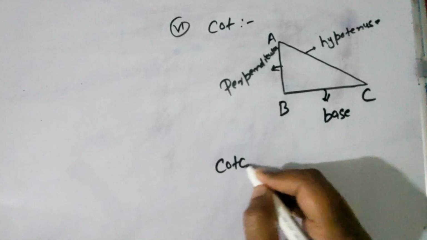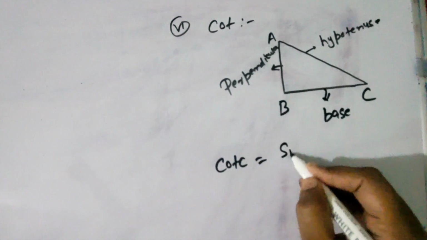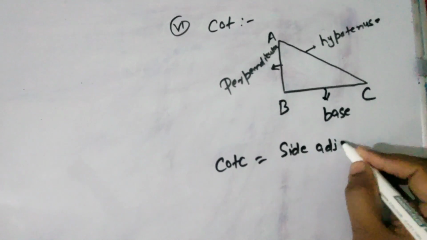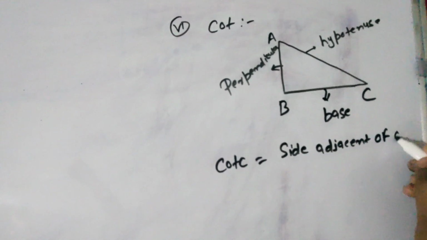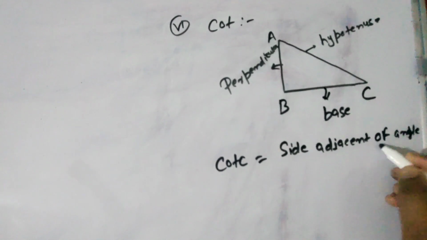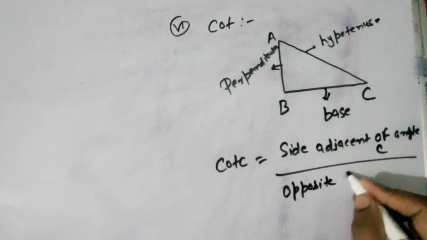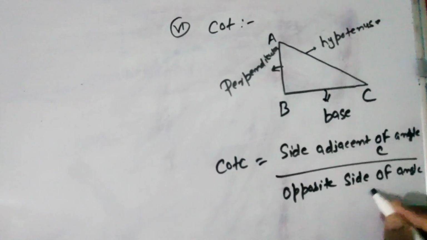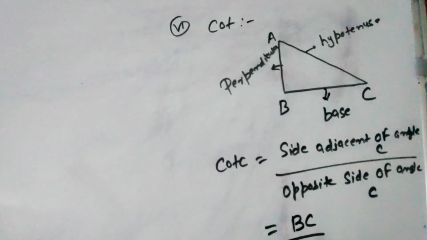Here cot C equals the side adjacent to angle C by the side opposite of angle C. The adjacent side of C is BC, and the opposite is AB.